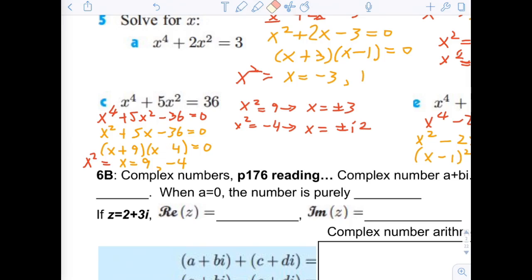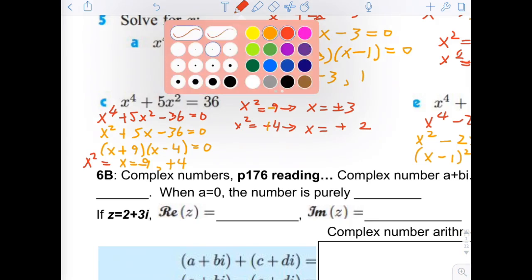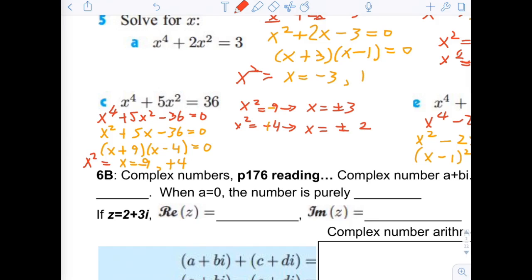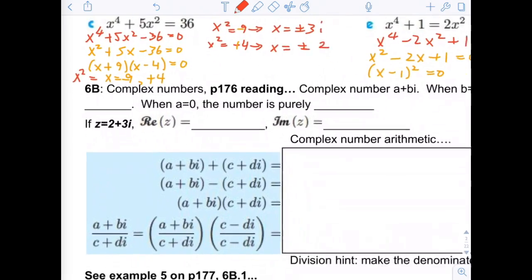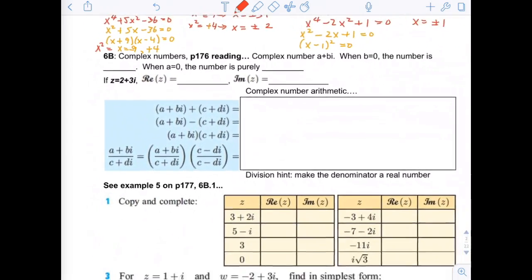This should be minus 4. And this should be plus 4 and minus 9. So this would be minus 9 plus 4. So this would be plus or minus 2. And then this will be plus or minus 3i. Okay? Sorry about that.